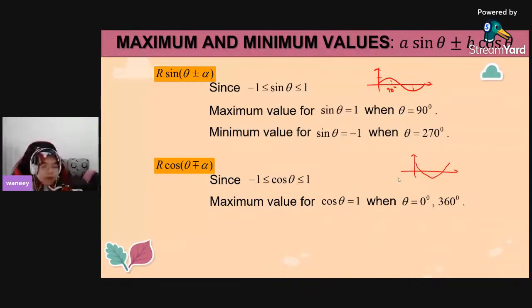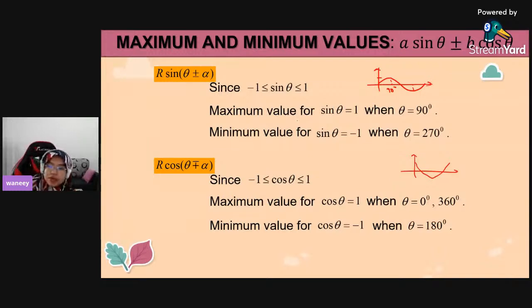To get the minimum value, the lowest one, that is when theta is 180. So this is 1 over here, the bottom is -1. This is 180, this is 360, and that is 0.